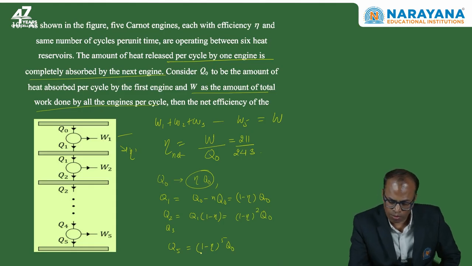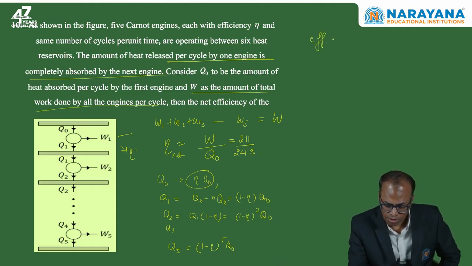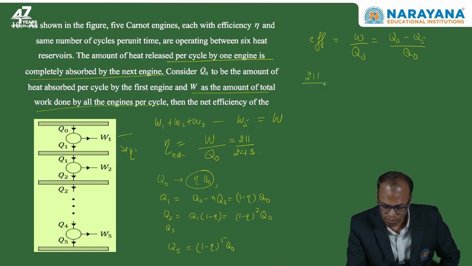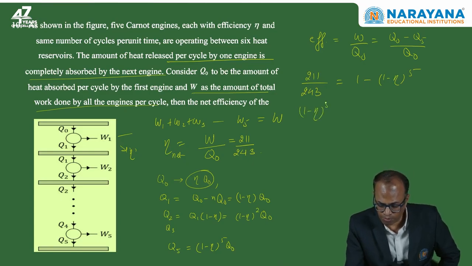Right, now efficiency. Efficiency is W upon Q naught. W will be Q naught minus Q5, upon Q naught. This efficiency is given to be 211 by 243, and this is equal to 1 minus (1 minus eta) power 5. Great. So I get (1 minus eta) power 5 is equal to 1 minus 211 by 243.